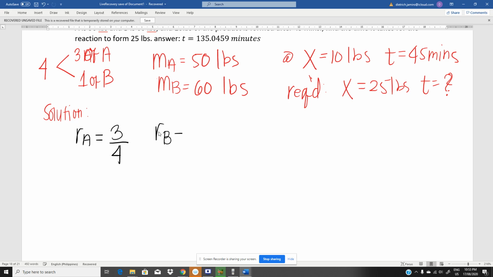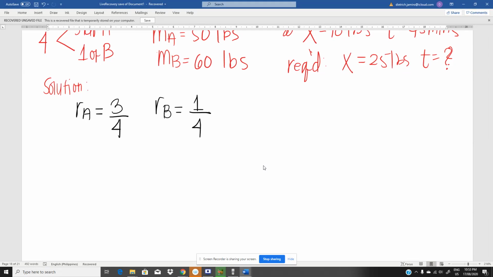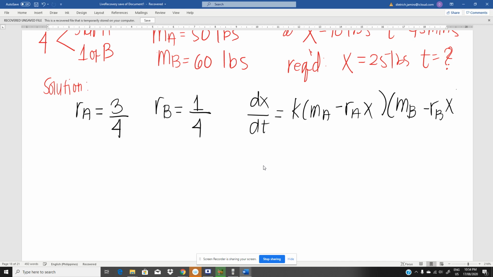So our r sub B is going to be 1 all over the total product, 4. Using our general equation, dx over dt is equal to k multiplied by (m sub A minus r sub A x) multiplied by (m sub B minus r sub B x).